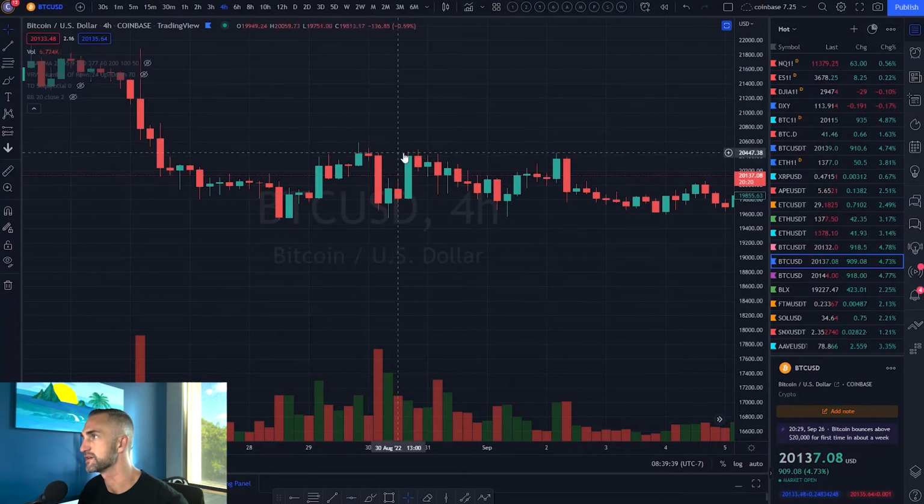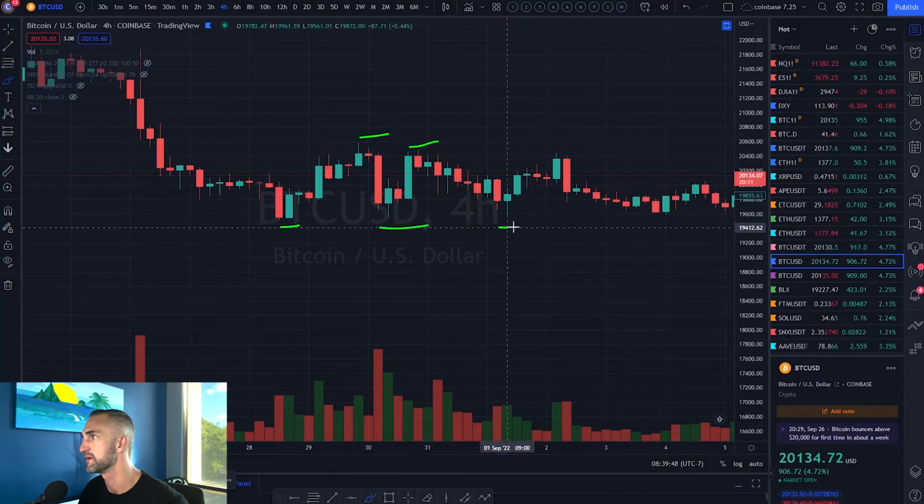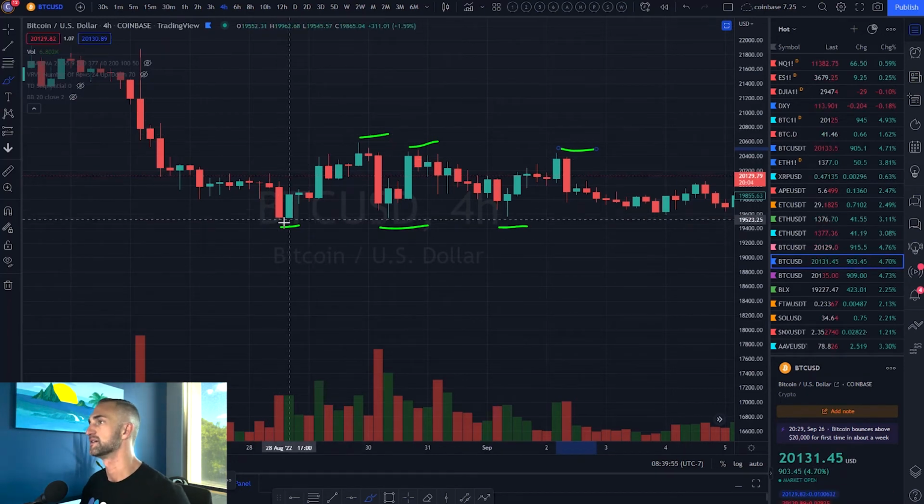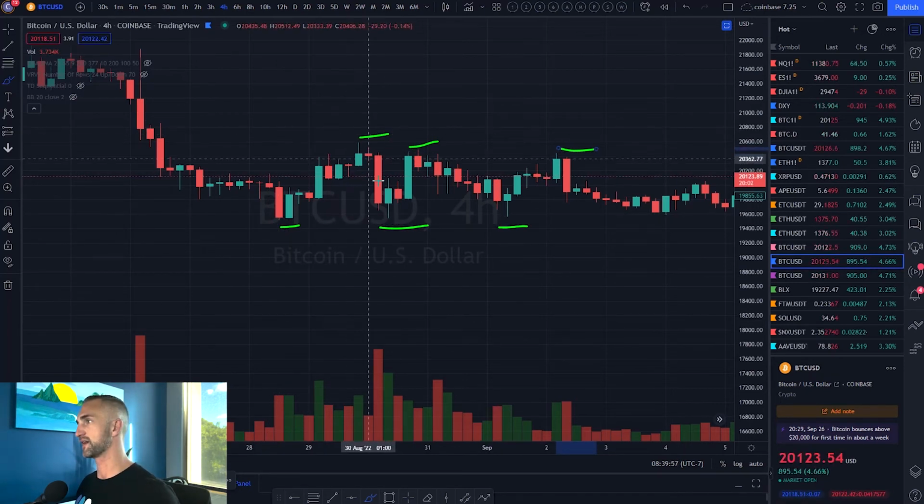I guess you could mark it off like this. Swing low, swing high, swing high, swing low, and maybe another swing low and a swing high. So you get 6 pivots right there, and that's a higher high, higher low, lower high.